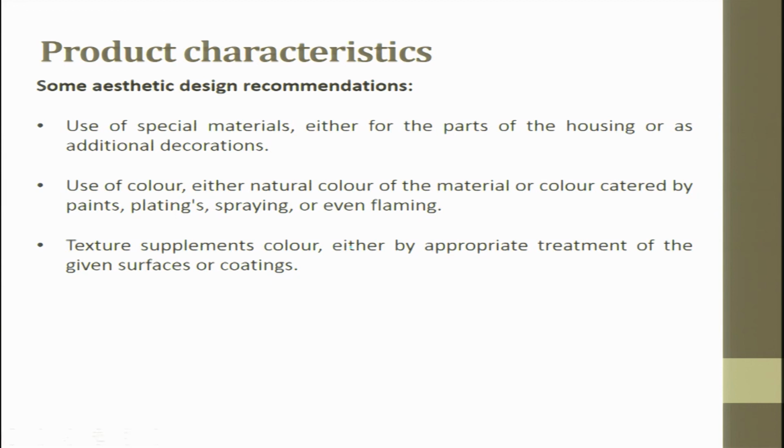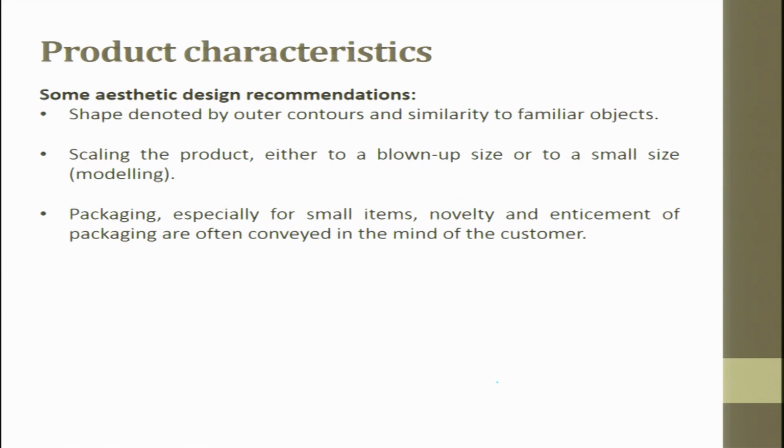Texture supplements color, either by appropriate treatment of a given surface or coating. Shape, denoted by outer contour and similarity to familiar products. Scaling the product either to a blown-up size or to a small-size model. So, these are some aesthetic design recommendations.